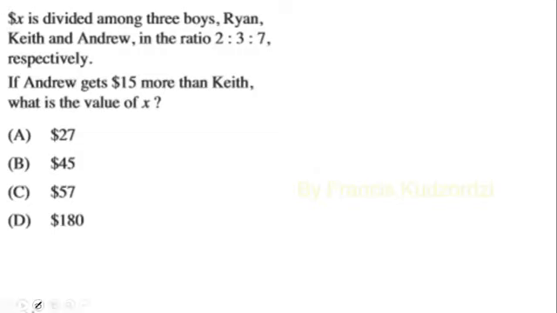X is divided among 3 boys: Ryan, Kate, and Andrew, in a ratio 2:3:7 respectively. If Andrew gets $15 more than Kate, what is the value of X? So let's see how we go about this.